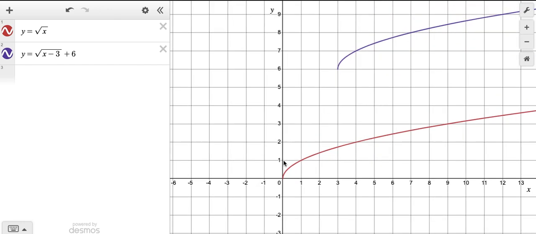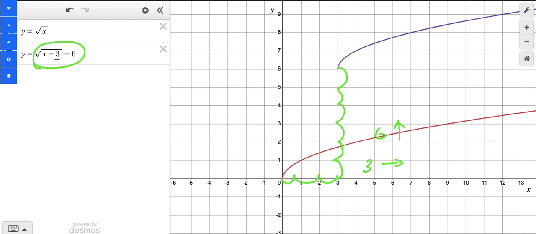But if you check here, the graph is 1, 2, 3 units to the right, as you can see in the purple, and then 1, 2, 3, 4, 5, 6. So 3 units to the right and 6 units up. This is exactly the analysis we just had. This is how we transform a function by just checking the structure of the equation.